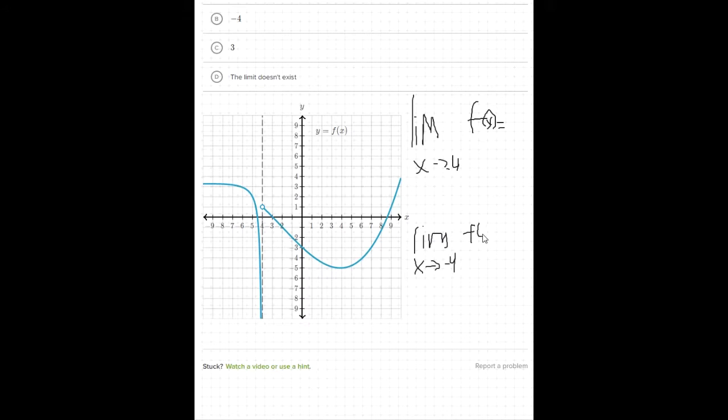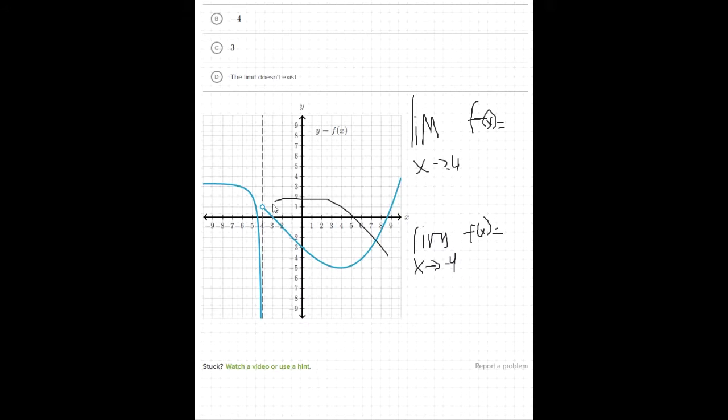And f of x equals what? Some may be asking, why do I have two separate limit notations? That's where I'm going to explain.